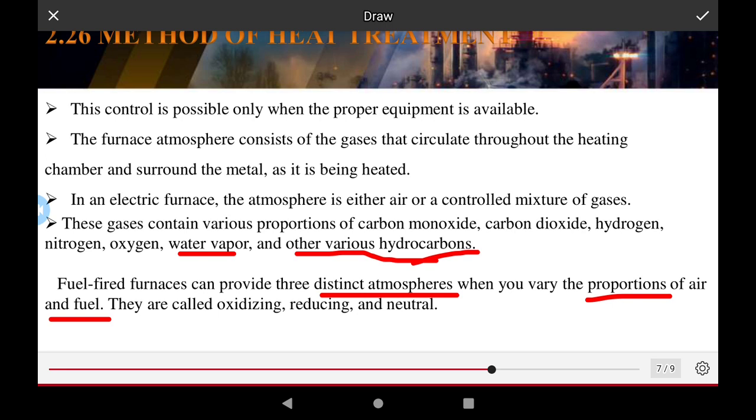They are called oxidizing, reducing, and neutral.